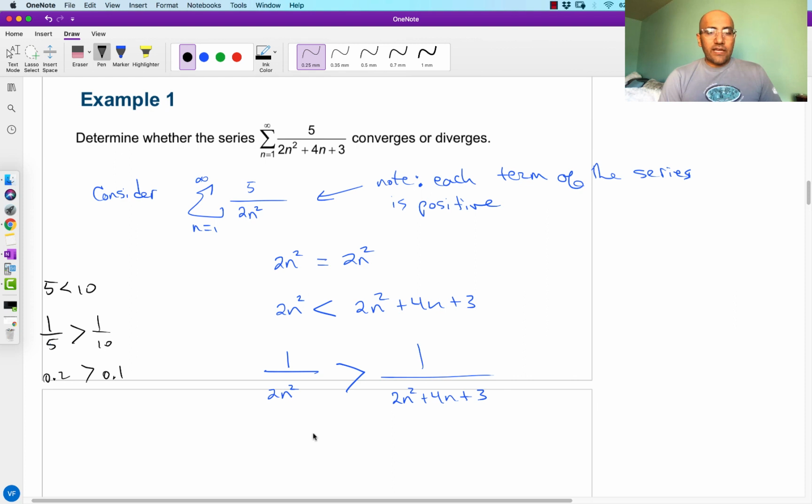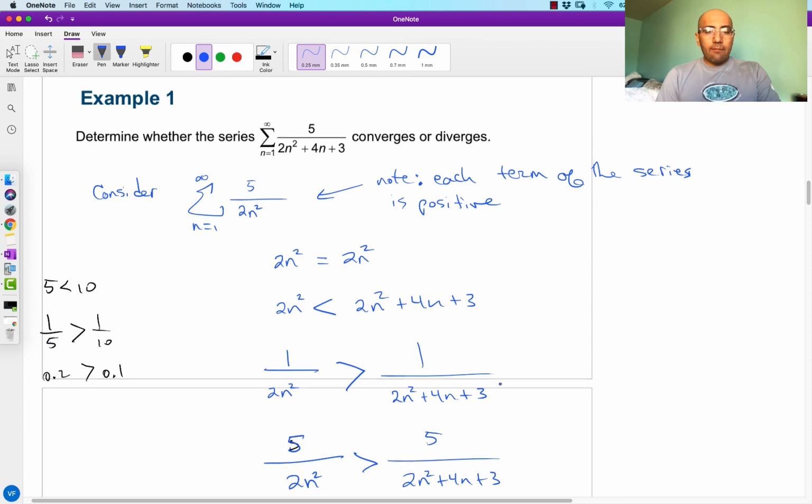And now if we multiply both sides by 5, that doesn't affect anything. So that'll be 5 divided by 2n squared is greater than 5 over 2n squared plus 4n plus 3. Okay, so on a term-by-term basis, for each value of n, we've established that this one is always greater than that one. Good? All right, so we have that part now.